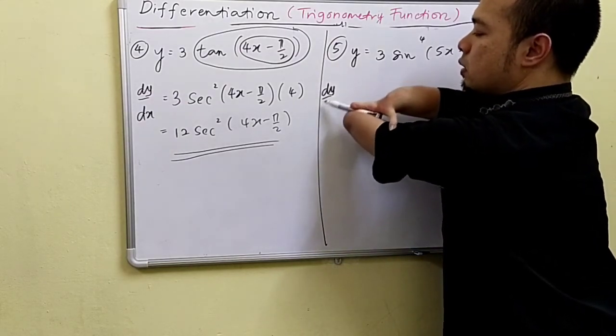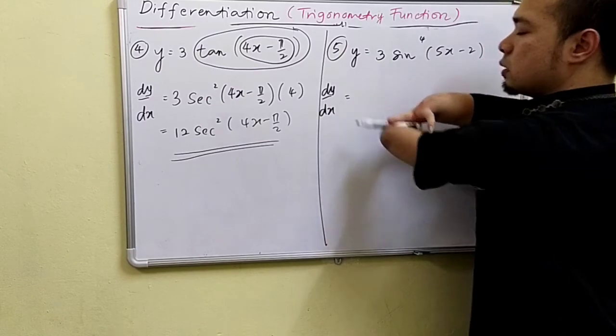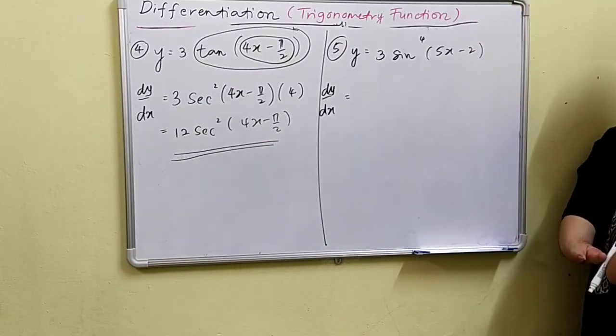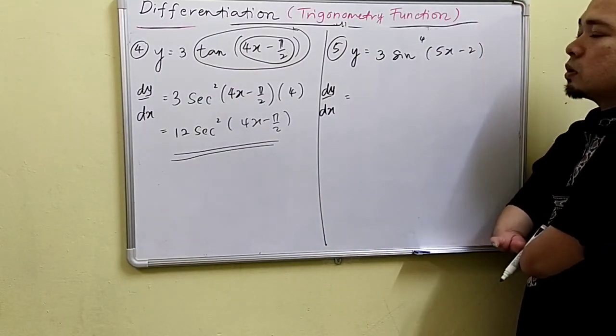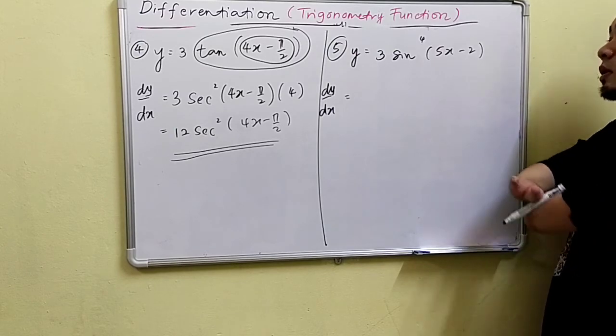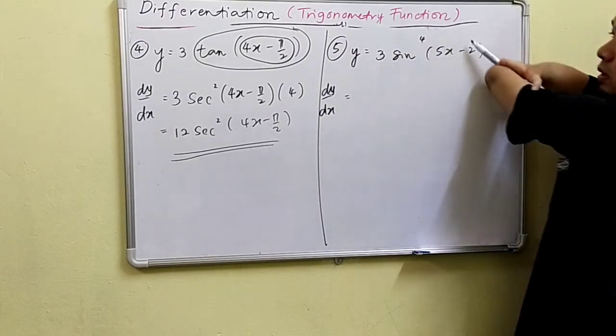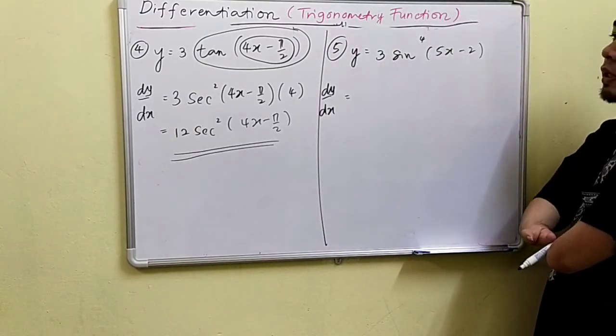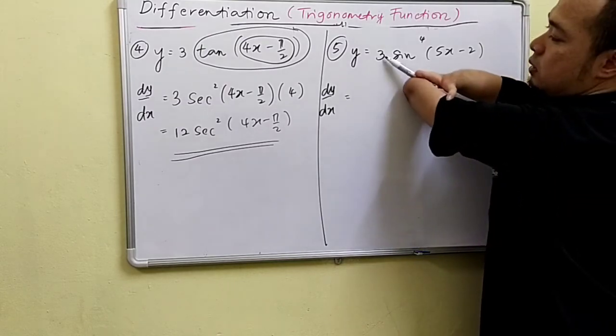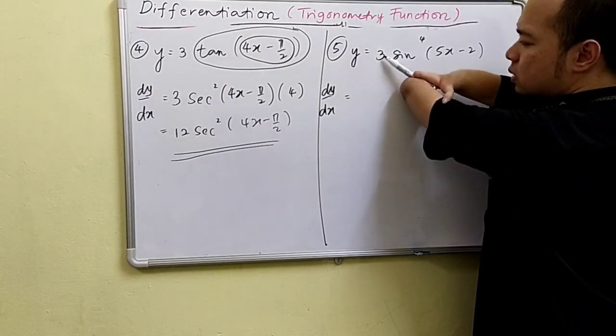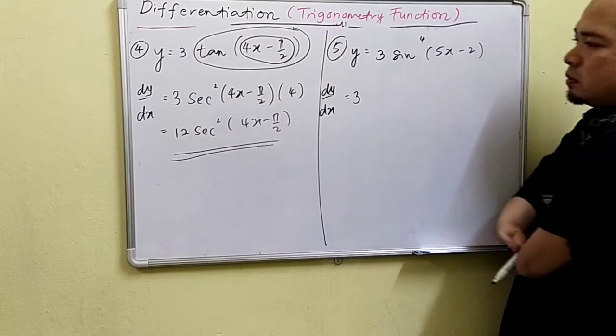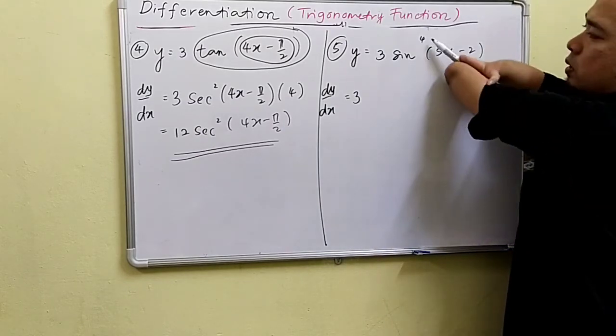How to find dy over dx? Okay, even though the equation looks complicated, but actually using the outside and inside, you can find dy/dx very easy. 3 constant remain.